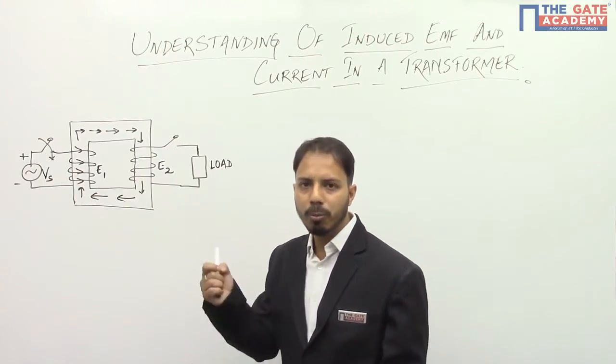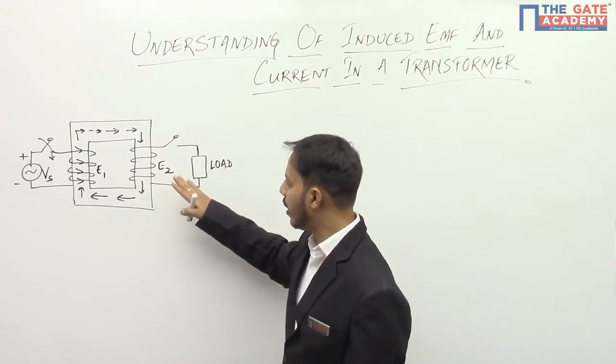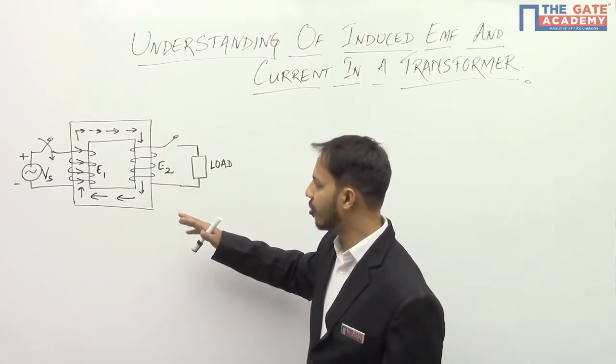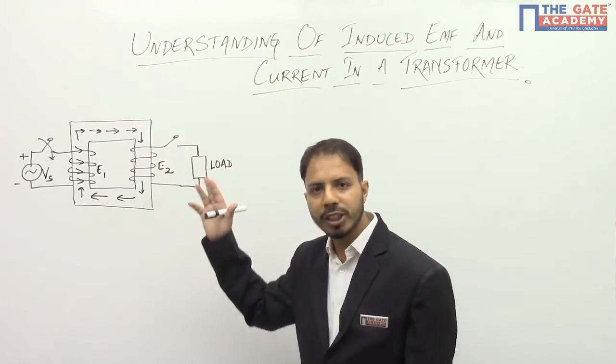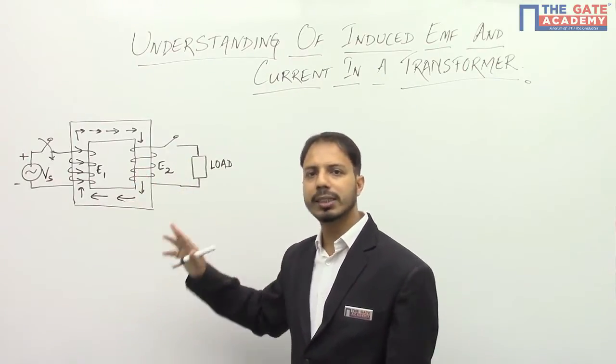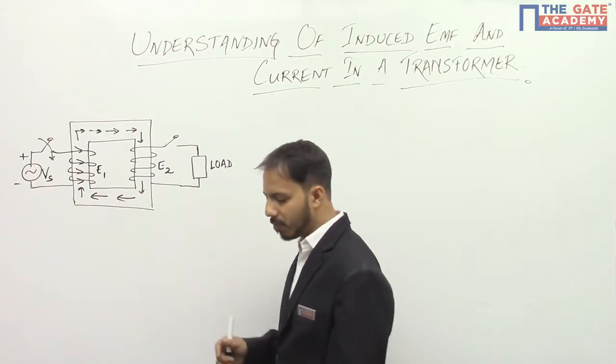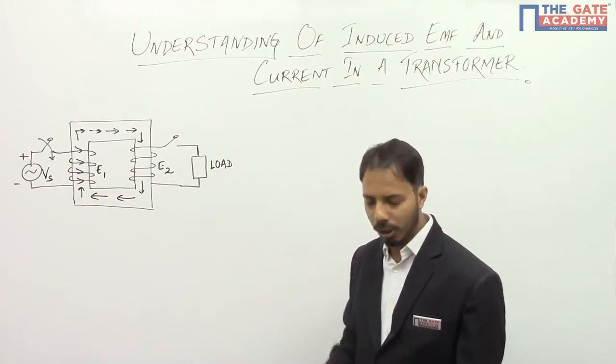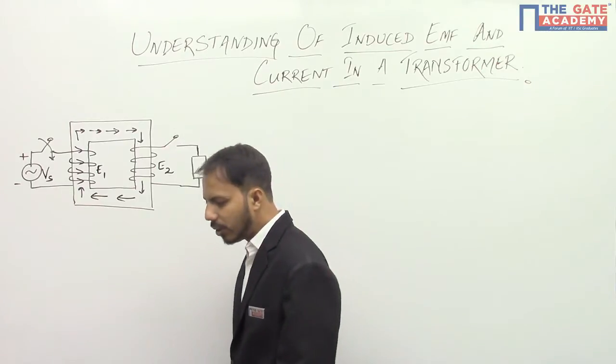Here I will be focusing on the instantaneous directions of the induced EMF with respect to flux, as well as the direction of currents and the reason for the rise of current in the primary when we connect a load.